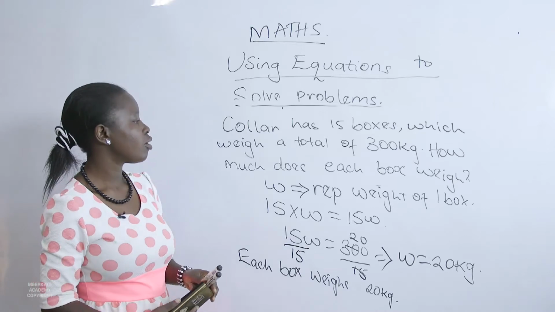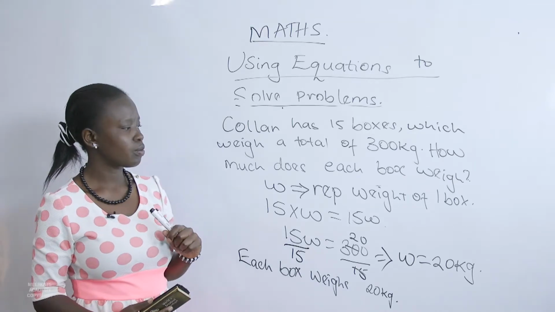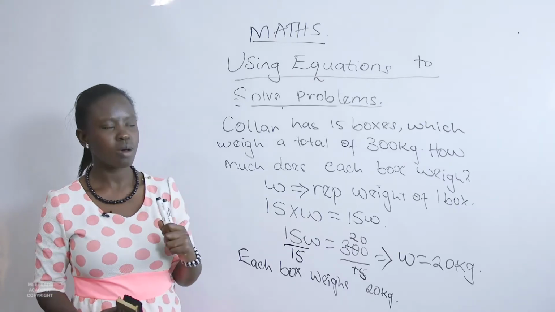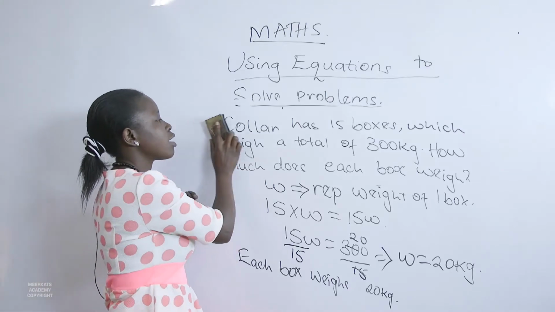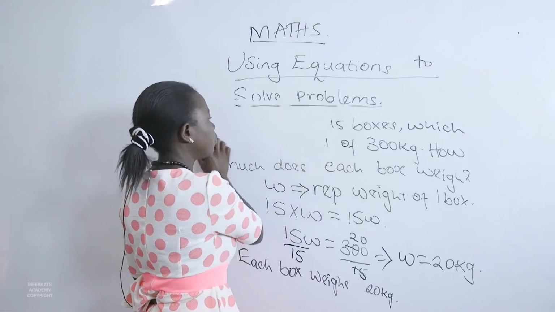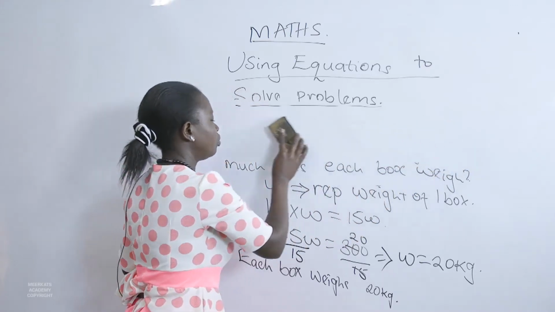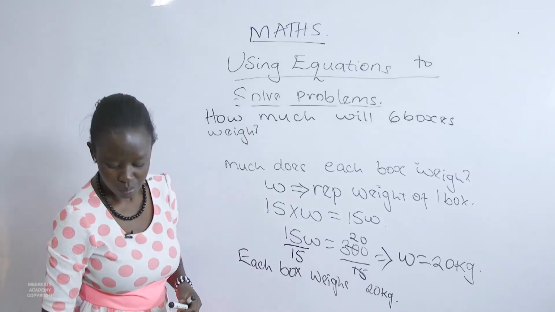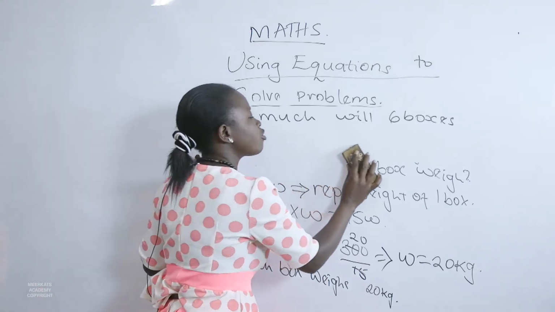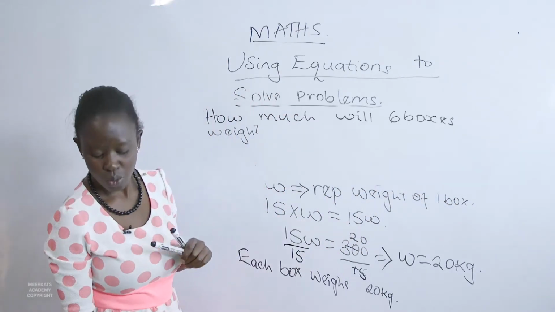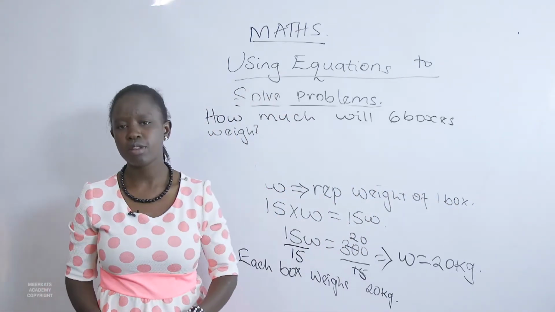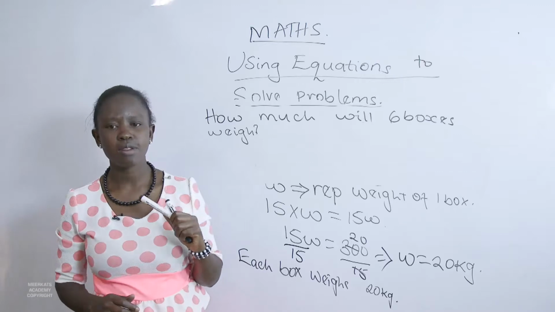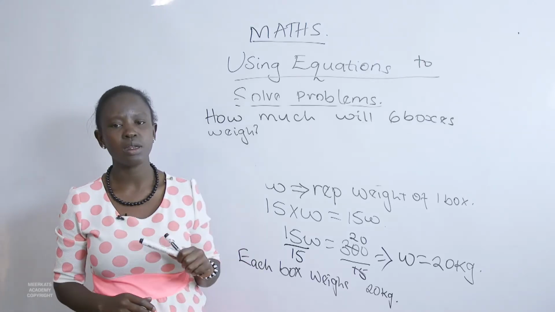Then the next part of this question, after getting the weight of one box, is what we need to find next. We've found that one box weighs 20 kilograms. So we need to find out how much 6 boxes of a similar kind will weigh.